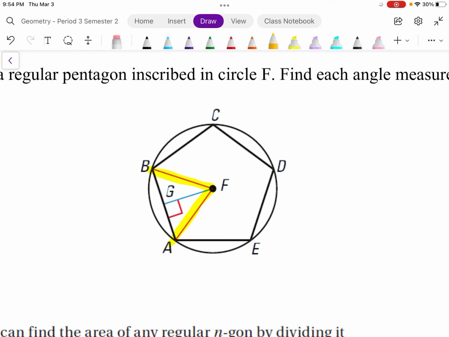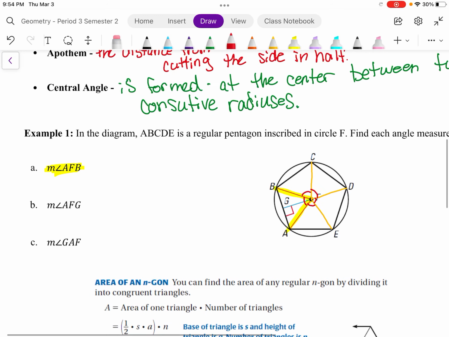And if you notice, that is between two different radiuses. And if we were to draw in the rest of the radiuses going all the way around this pentagon, we would have a total of 5. And because this is a regular pentagon, all 5 of these angles are congruent to each other, which means going all the way around in a complete circle, there are going to be 5 angles that are equal to each other.